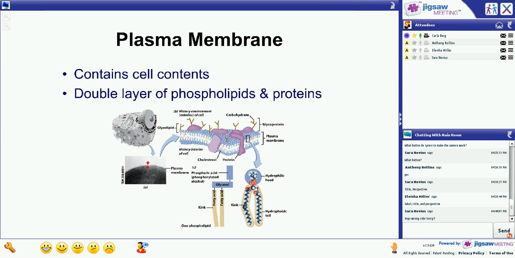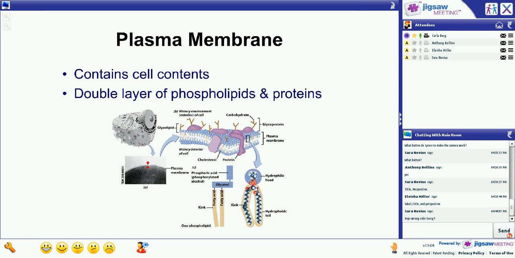If you look at the diagram up here in the top right, you have on the top a watery environment outside the cell. On the bottom, you have the watery interior environment of the cell. And in between, you have the plasma membrane, which is made up of phospholipids, which are fats, carbohydrates, cholesterol, and proteins.